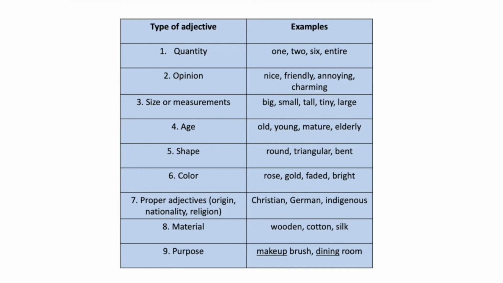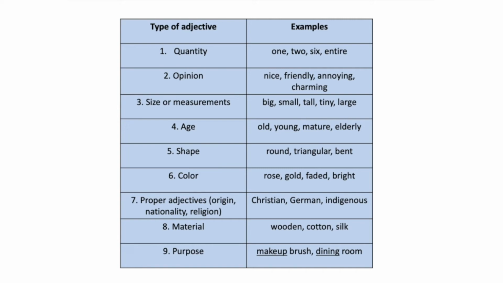First, quantity. For example, one, two, six, entire. Next, opinion. Nice, friendly, annoying, charming. These adjectives indicate how we feel about something or someone.